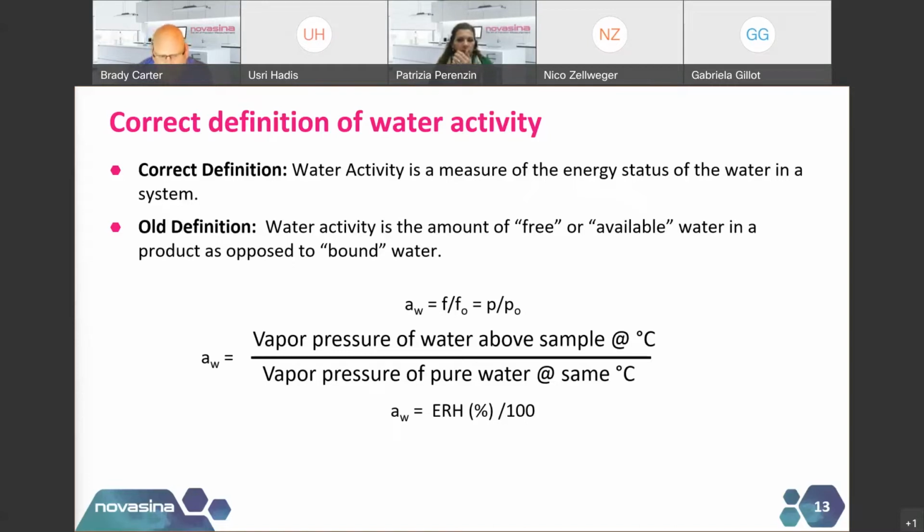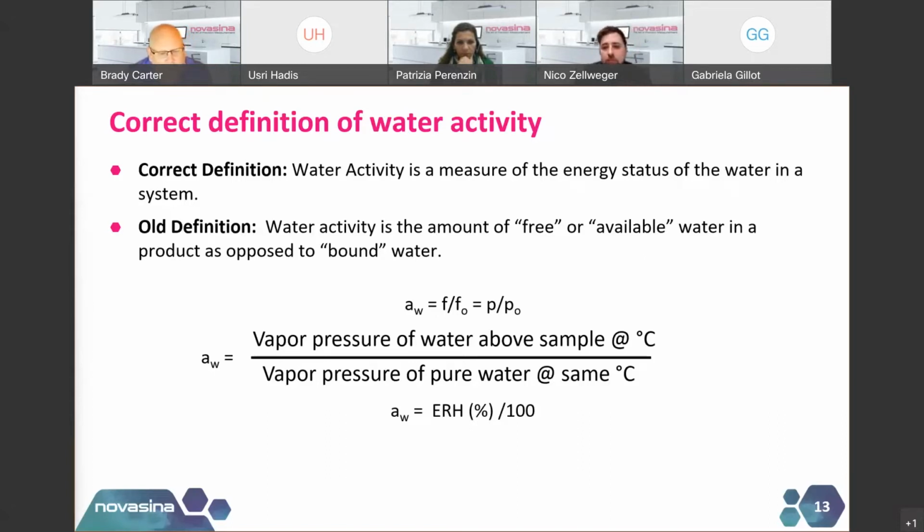As that energy is reduced, there are fewer water molecules that can escape into the vapor phase, the vapor pressure value drops, which means the water activity goes down. Theoretically, it could continue to go down until there wasn't any vapor pressure from water above a sample. That's not actually attainable on planet Earth, but theoretically, the range does go from 0 to 1, 1 being pure water.